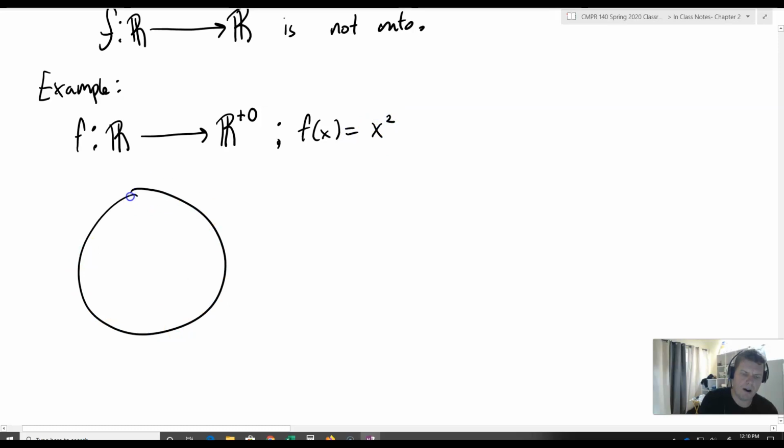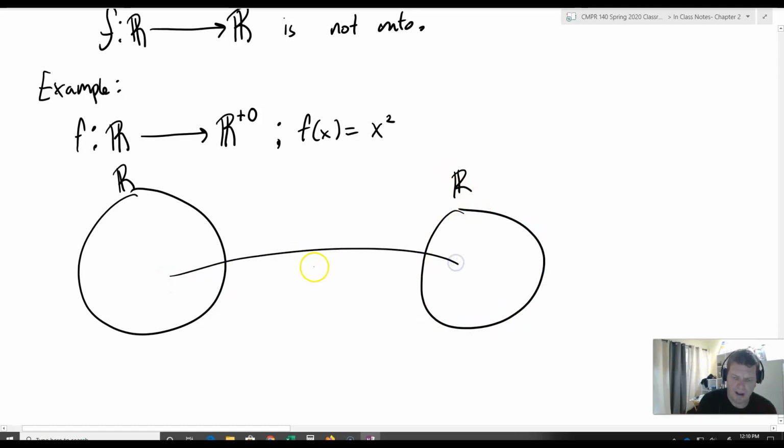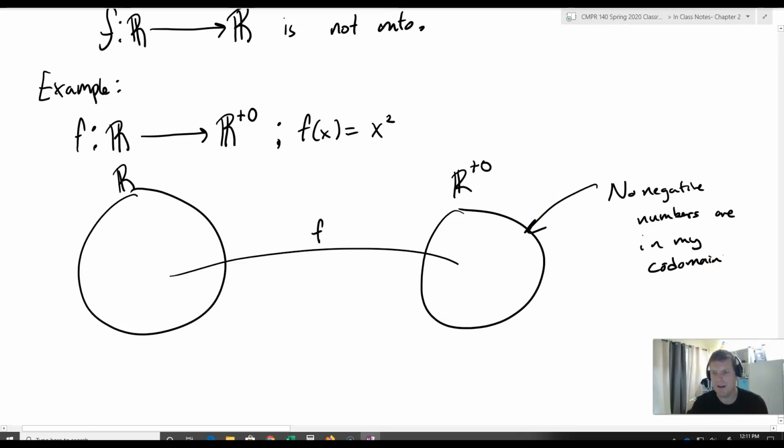So now I have R over here, and I'm going to use f. Now, here's the thing, this is R plus 0. So there are no negative numbers in my codomain.